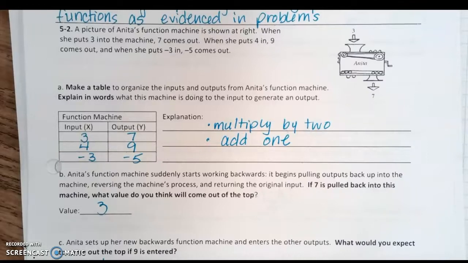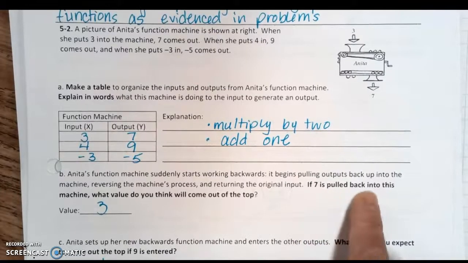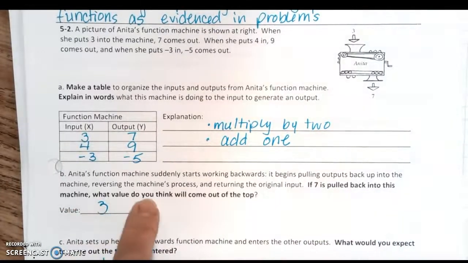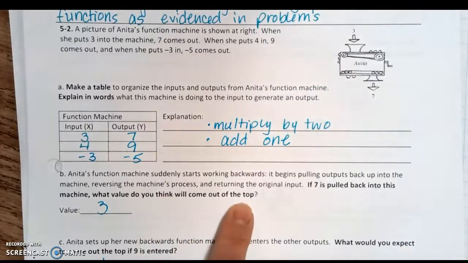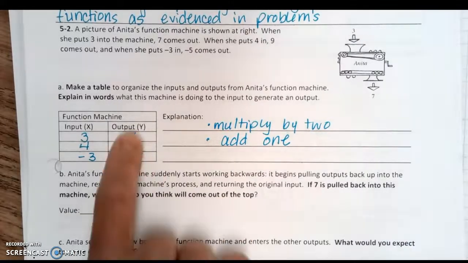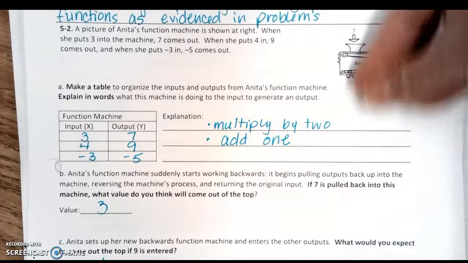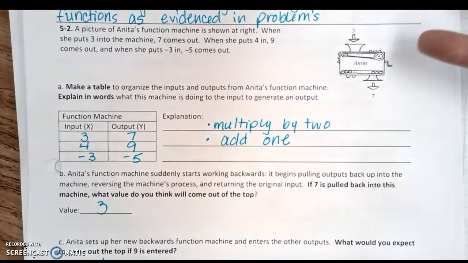So for part B, it says that Anita's function machine suddenly starts working backwards. It begins pulling the outputs back up into the machine, reversing the machine's process, and returning the original input. So, if 7 is pulled back into the machine, what value do you think will come out of the top? If it pulls the 7 back up in, it's going to spit out the 3 at the top.